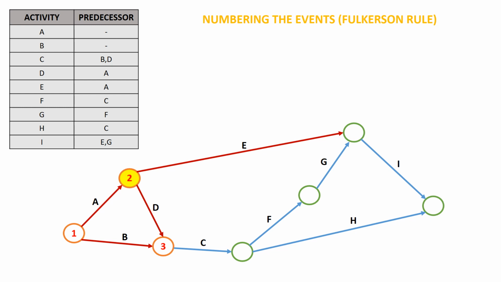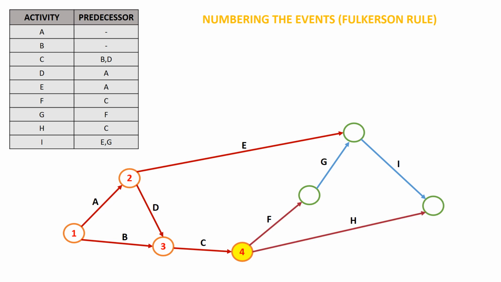Now we'll move on to the next event, which is event number 3. From event 3, I have only one activity that is emerging, which is activity C, which we are going to trace, and the event after activity C can be numbered as event number 4. Now we'll move on to the next event, which is event 4.